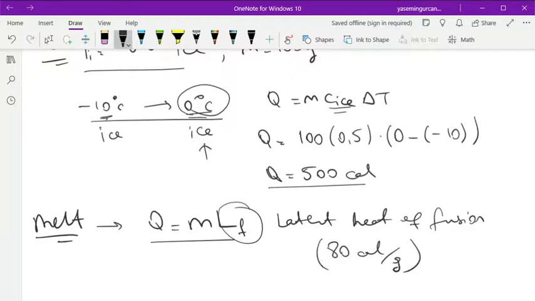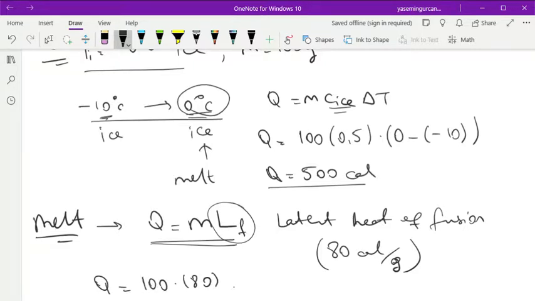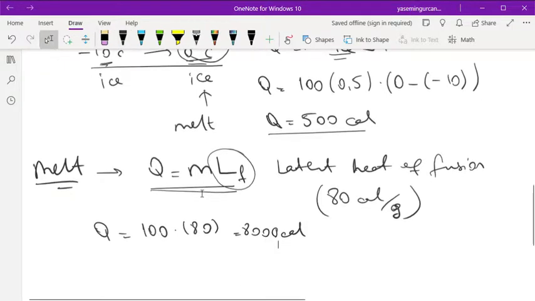Latent heat of fusion is when you don't have any temperature change. You just melt it, so it turns into 0° water from 0° ice. For melting, you need 100 times 80, 8,000 calorie of energy just to melt the ice at 0°.